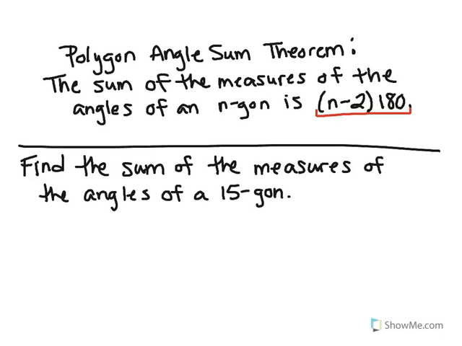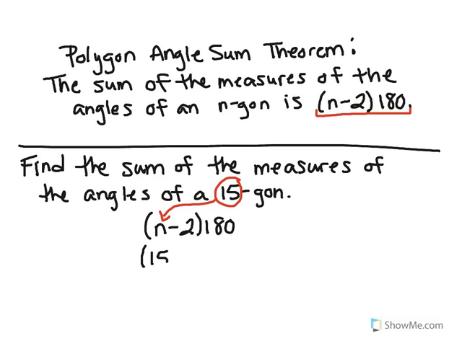So here's our example. It says, find the sum of the measures of the angles of a 15-gon. So in this case, when we use n minus 2 times 180, I'm just going to rewrite that. My n stands for the number of sides that this particular polygon has. And in this case, it is 15. So that's what I'm going to substitute in for n.